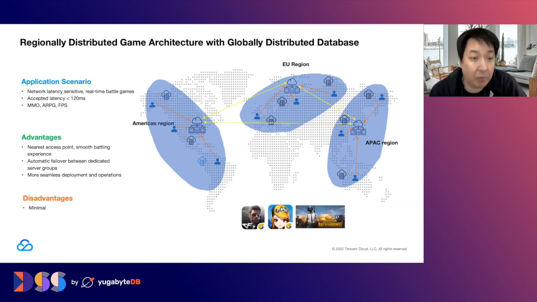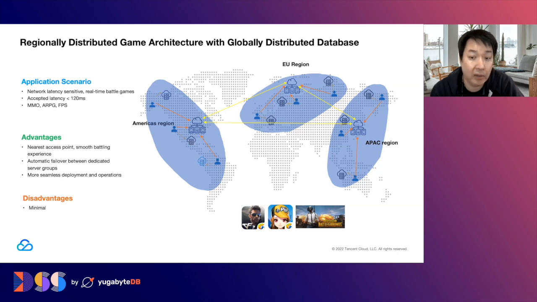The fifth model that we would like to introduce is the combination with a global distributed database. It is a model that combines centralized architecture and distributed architecture in some fashion. So it has all the advantages of the distributed deployment plus lower deployment and operations complexity.